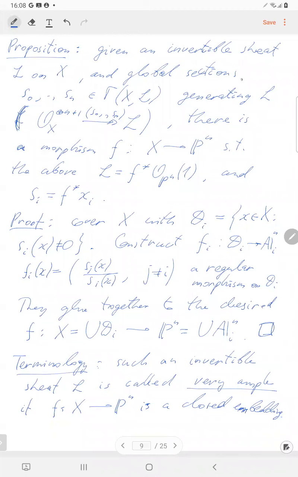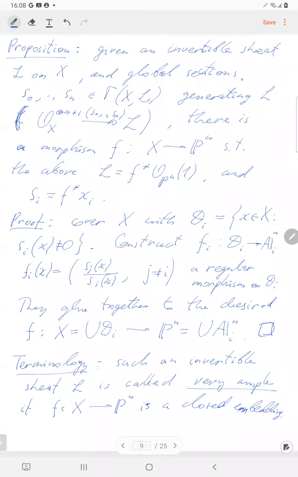To think of a section as a function you need to choose a trivialization, but a ratio of two sections is canonically a function. You don't need any choice, because they are linear on the fibers. At any point, the ratio of two sections is just a number. Well-defined, thank you.